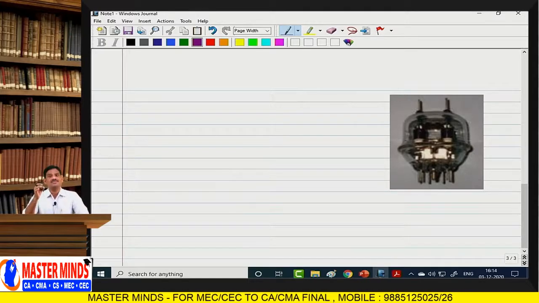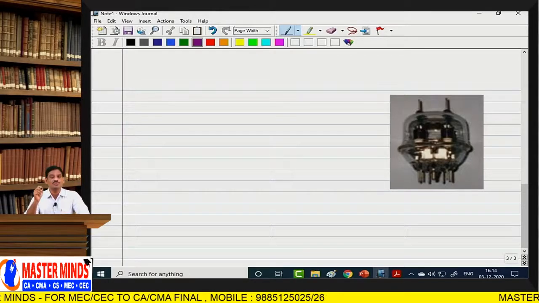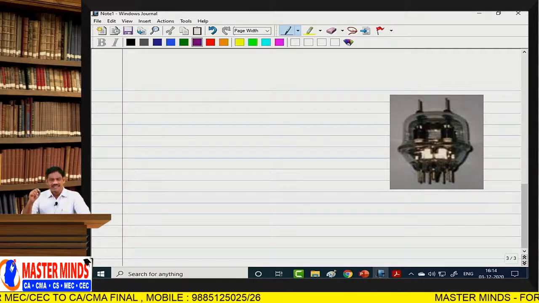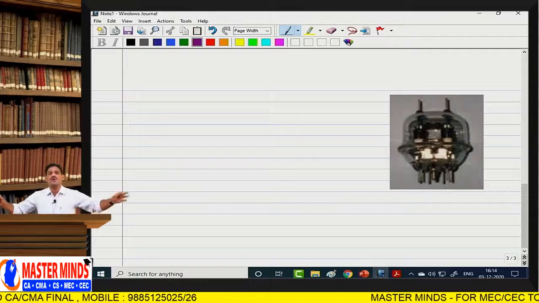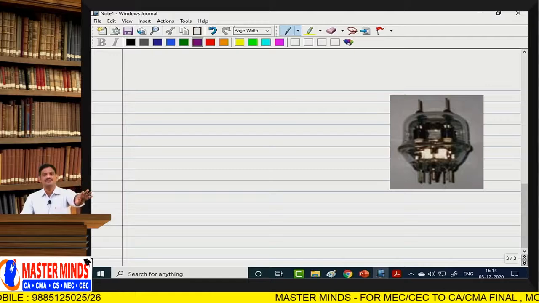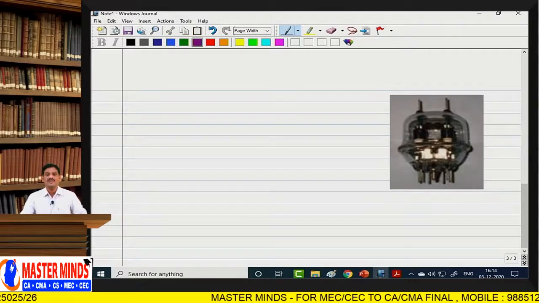If you want to construct a computer, we require 20 to 25,000 vacuum tubes for the construction of a machine. It is highly expensive, and at the same time it occupies a large size, like an apartment. It produces more heat, it consumes more power, more electricity. Hence, maintenance cost will be high.